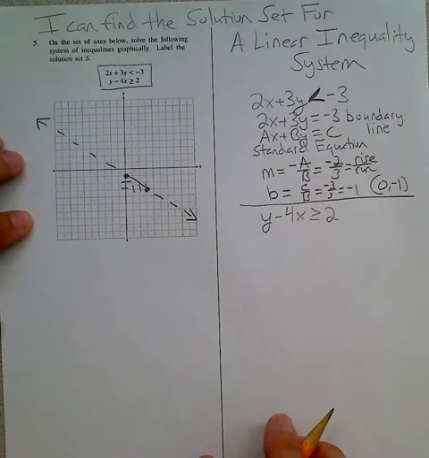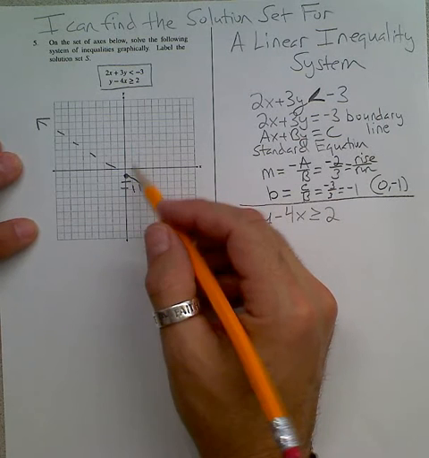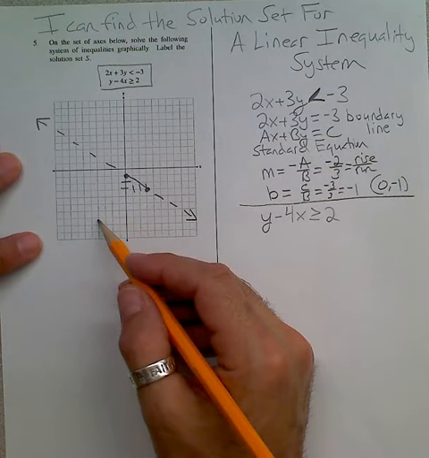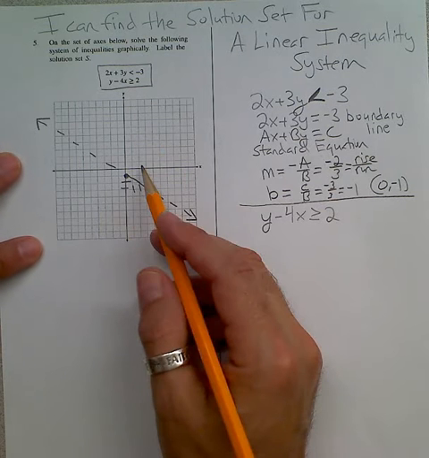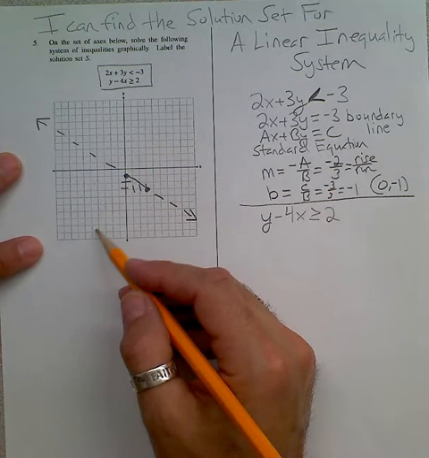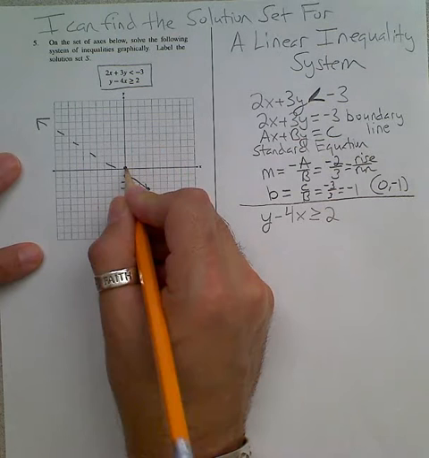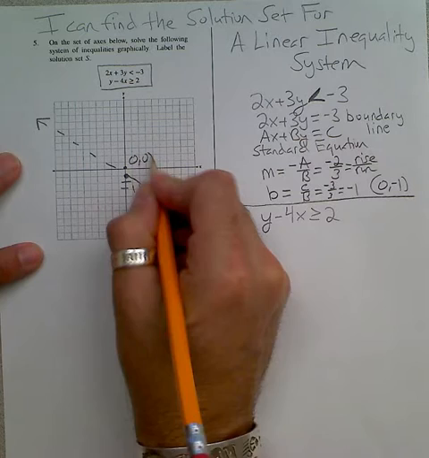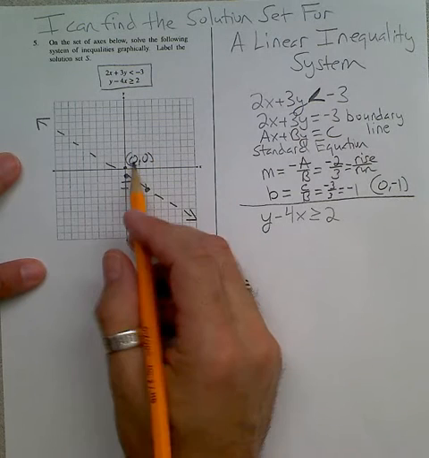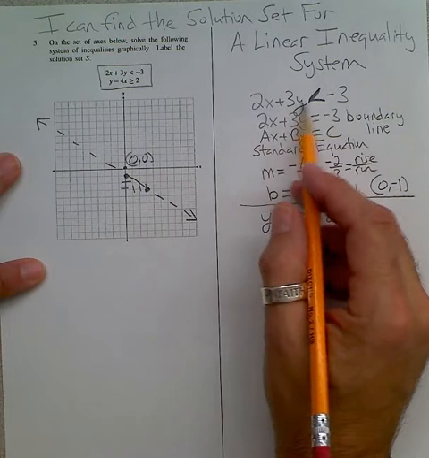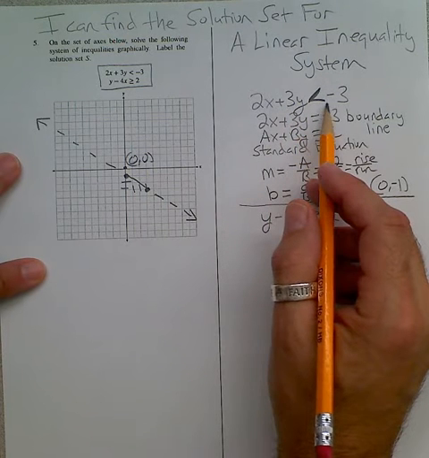So now we have two regions, one above the boundary line and one below the boundary line. We have to make a determination on which of those regions to shade. I always suggest, as long as the point (0, 0) is not on the boundary line, that we take (0, 0) and check to see if it holds true or false in the inequality statement.